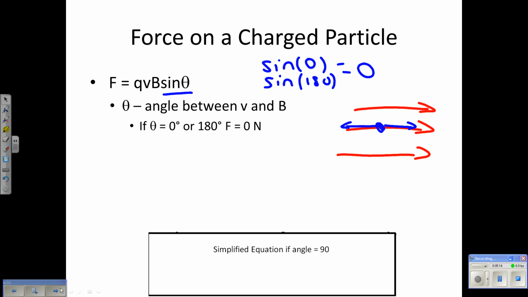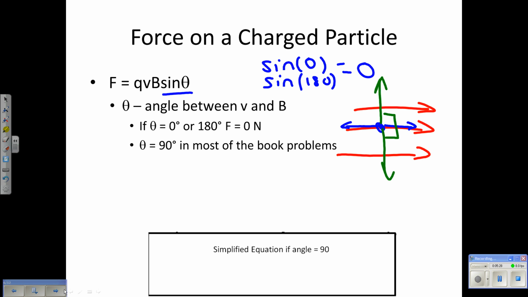But for the most part, we look at problems where the angle is 90 degrees. In other words, your charge is moving up, forming 90 degrees with the magnetic field, or down, forming 90 degrees with the magnetic field, or out at you, which also forms 90 degrees. Okay?